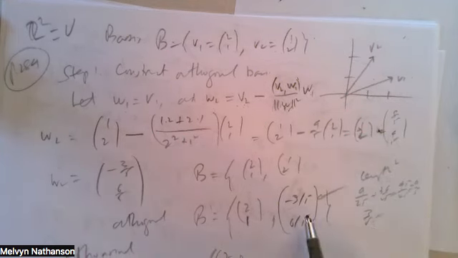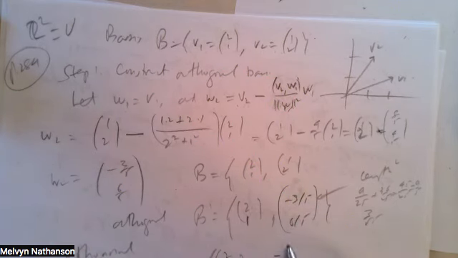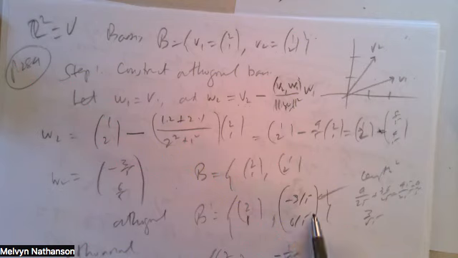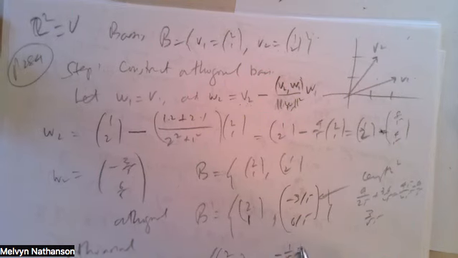So the length is the square root of that, 3 over root 5. So if I multiply each coordinate by root 5 over 3, I get minus 1 over root 5, 2 over root 5. So this is my orthonormal basis. You can check that each of these vectors has length 1. They're mutually perpendicular, and it satisfies all of our requirements.